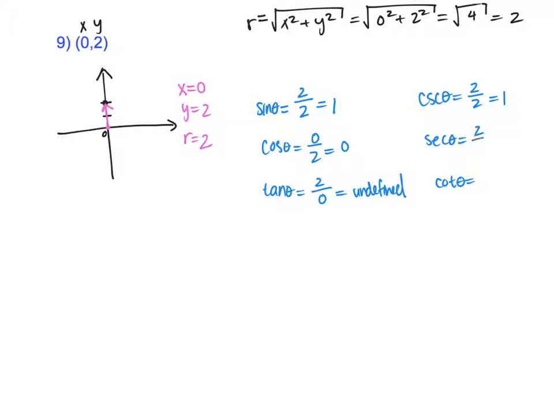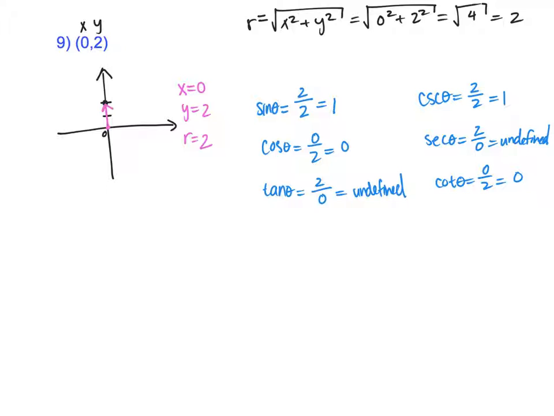Oh no, 2 over 0, 0 on the bottom means it's undefined. So we actually have something undefined for secant now. And then our cotangent is going to be flipping this ratio, 2 over 0, to being 0 over 2, which now means that this 0 being on top is going to just lead to a 0. And so that's all our trig functions here, all 6 of them.